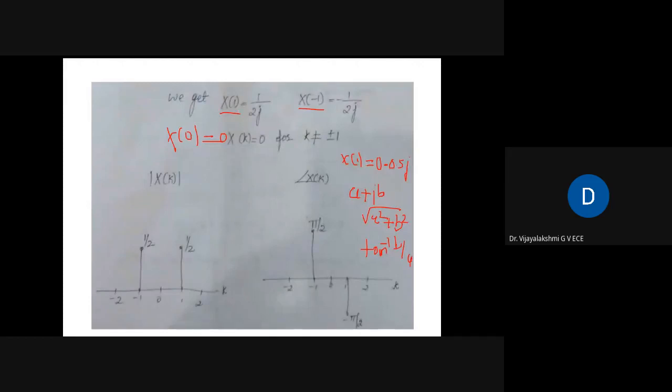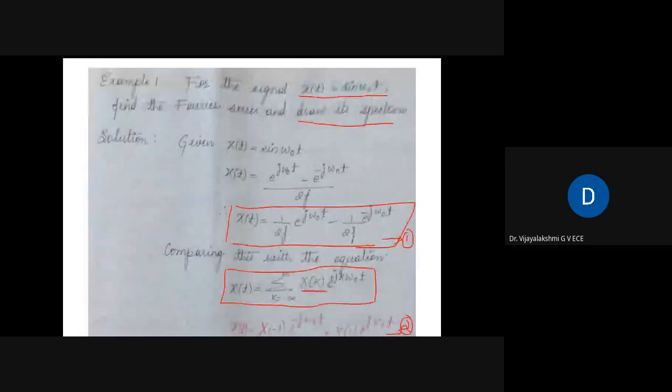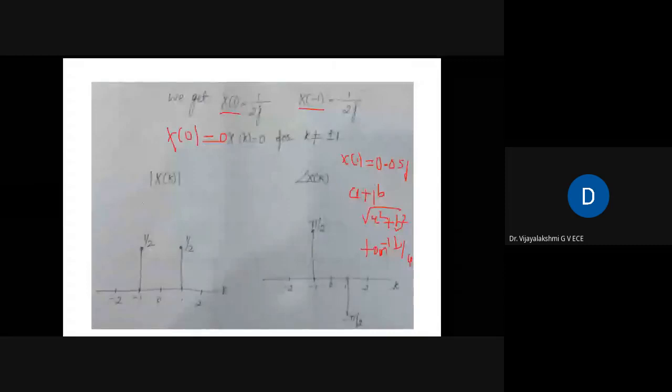We have two Fourier series coefficients, that is minus 1 and 1. For k equal to minus 1, the magnitude is half and the phase is pi by 2. And for k equal to 1, the magnitude is half and the phase is minus pi by 2. So this is how we have found the Fourier series coefficients, and we have plotted the magnitude spectrum and the phase spectrum. So let us go to the next example.